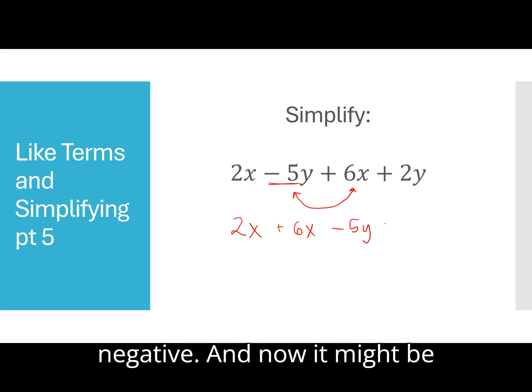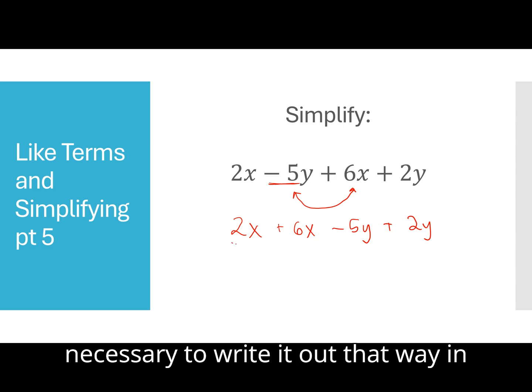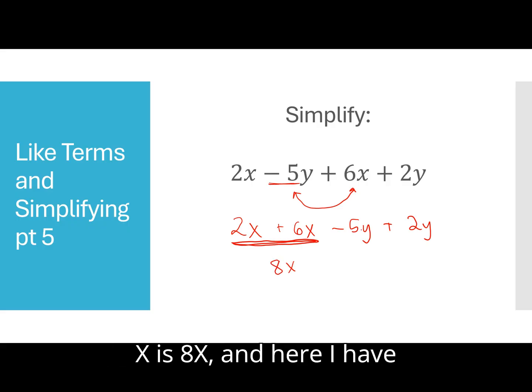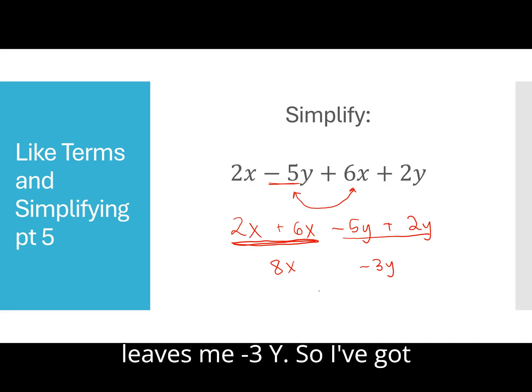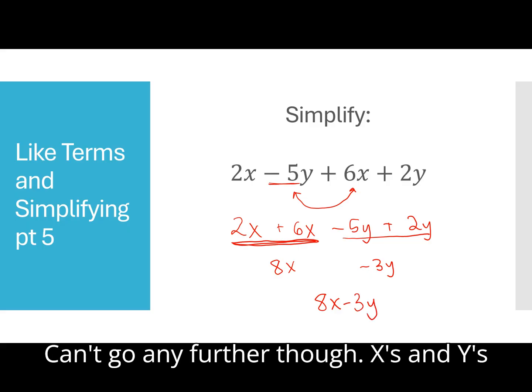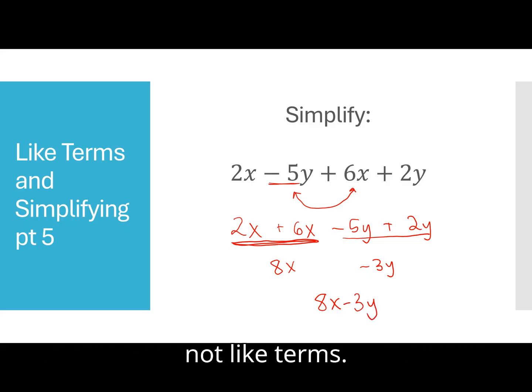Don't lose that negative. And now it might be easier to see, although it was not necessary to write it out that way in order to do this, that I have 2x plus 6x is 8x. And here I have negative 5y plus 2y leaves me negative 3y. So I've got 8x minus 3y. Can't go any further though. X's and y's, not like terms.